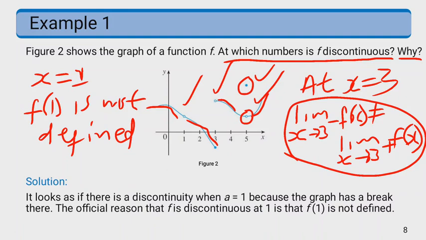What about at x equal to 5? You can see at x equal to 5, the limit is defined. The limit as x approaches 5 of f of x is well defined, and the limit is what? It is some point here, which we know is a positive point.